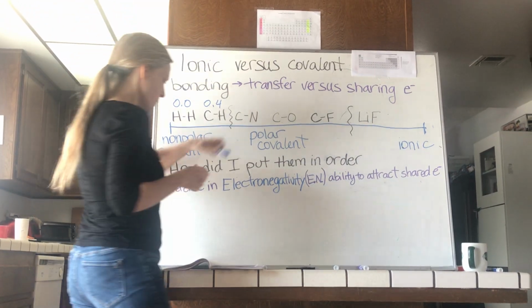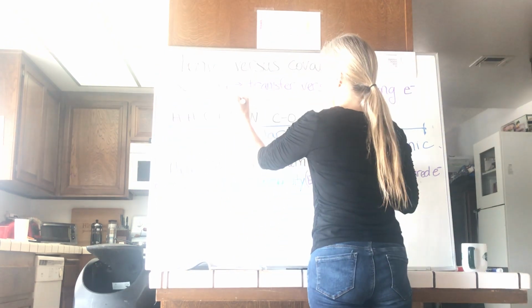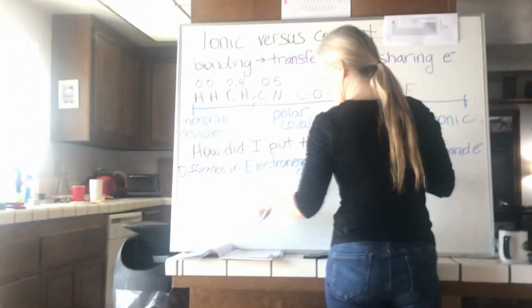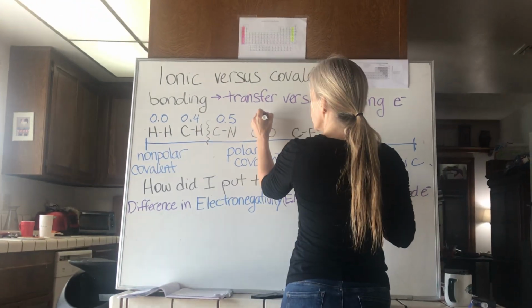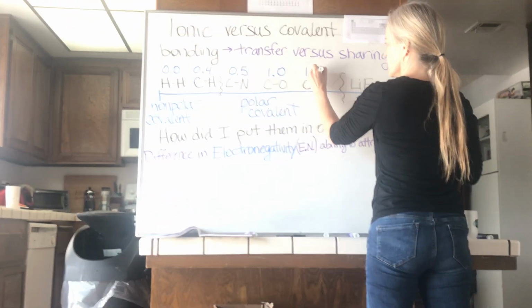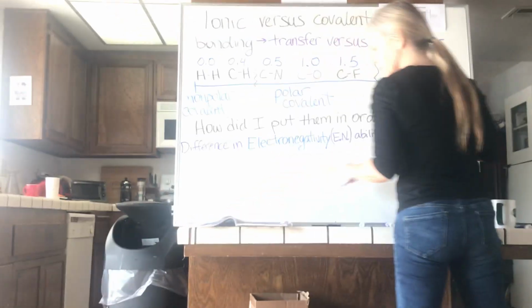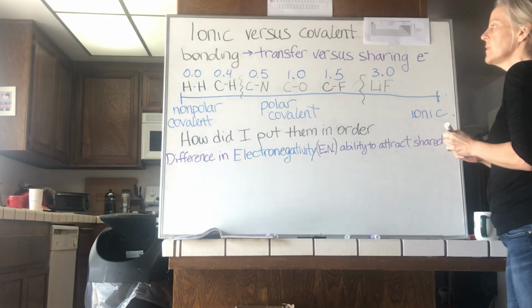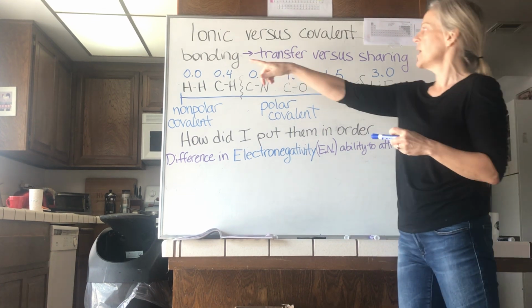Then if I did the carbon-nitrogen one, I calculated these before, 0.5, and the carbon-oxygen one. So I'm just taking the values for each one of these individual atoms, and I'm subtracting them. And see how the numbers are going up.